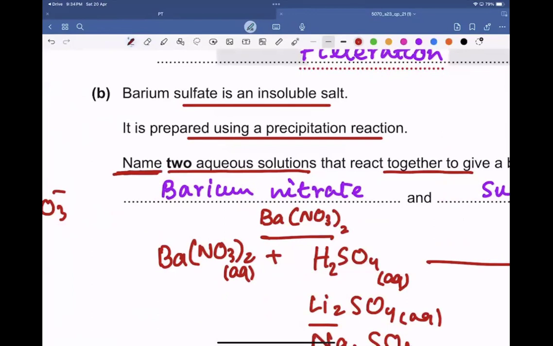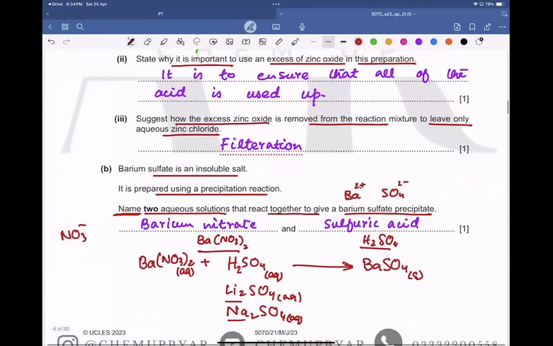So it's up to the examiner whether they consider it correct or mark it wrong. So you have to be very careful about the instructions provided and follow those instructions only. If they ask you to write the name, write the name. If they ask you to write the formula, write the formula.